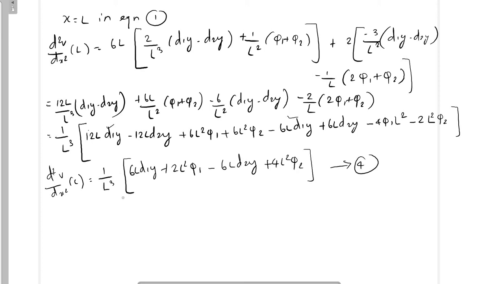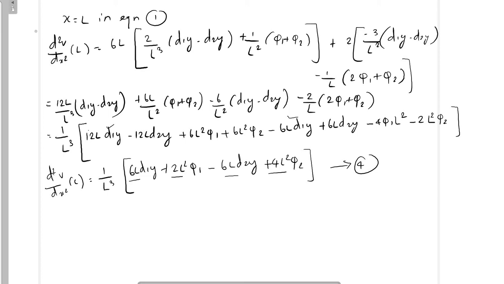This is also a very important equation because we are going to take the coefficients of this equation to form the stiffness matrix. So till now we considered only d square v by dx square at x equal to 0 and at x equal to L, and we came up with two equations.